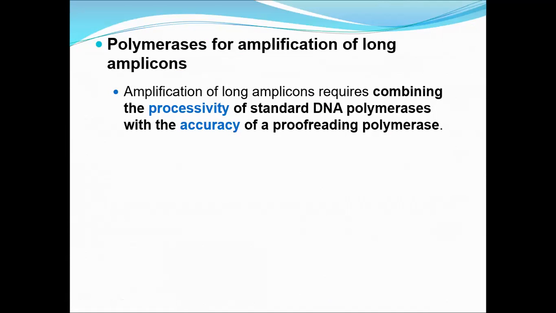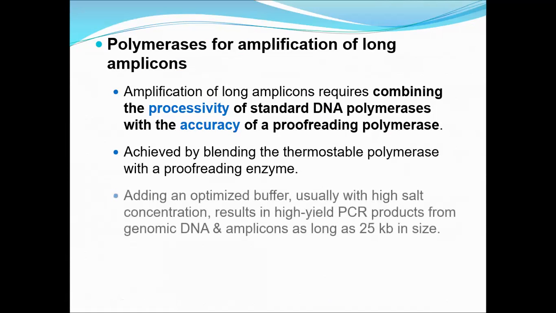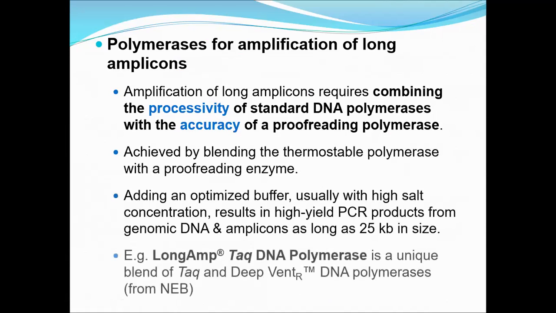So that means a proofreading polymerase is required for the long amplicons. This is achieved by blending the thermostable DNA polymerase with a proofreading enzyme. With an optimized buffer and high salt concentration, the PCR products from genomic DNA can be as long as 25 kilobases in size.